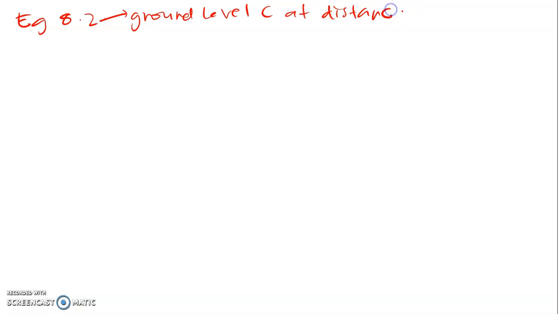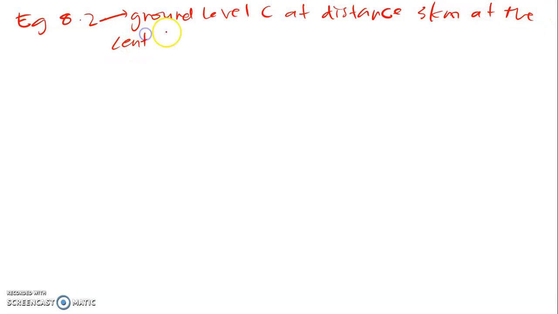Okay, let's continue on example 8.2. This time around it is a continuation of example 8.1, but there are two things you need to calculate. One is the ground level concentration at a distance of 3 kilometers, but at the center line.